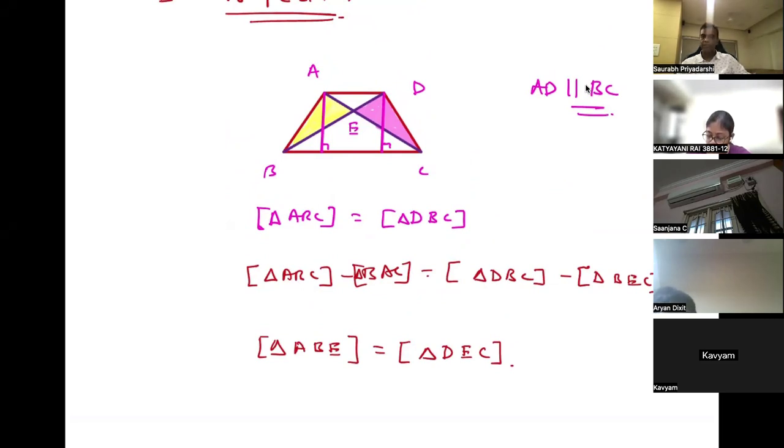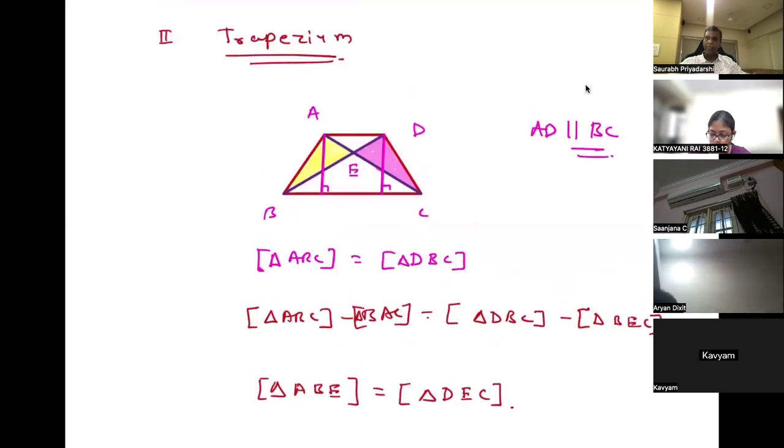Good one now. Just you have to see what we have to subtract for getting both the areas the same, right? So we have to improve visualization of where we are getting this type of areas. This is for trapezium.